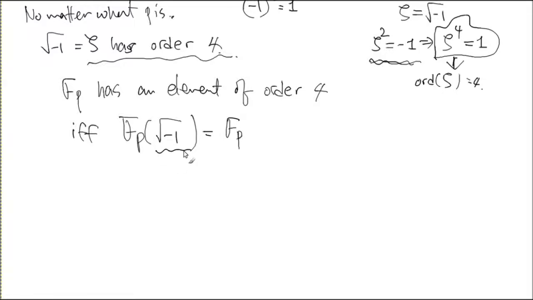That element we're looking at, the element of order 4, was already inside this F_p. So that implies that this element, zeta, is inside F_p. So in the first place, the square root of -1 was a square because that element exists inside the field.